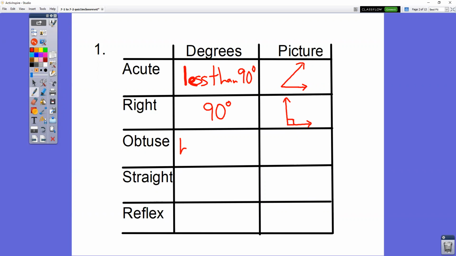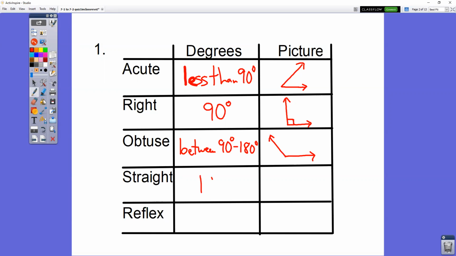An obtuse angle is between 90 and 180. Not exactly 90, not exactly 180, but in between 90 and 180. Obtuse is like obese. These are the big fat angles.